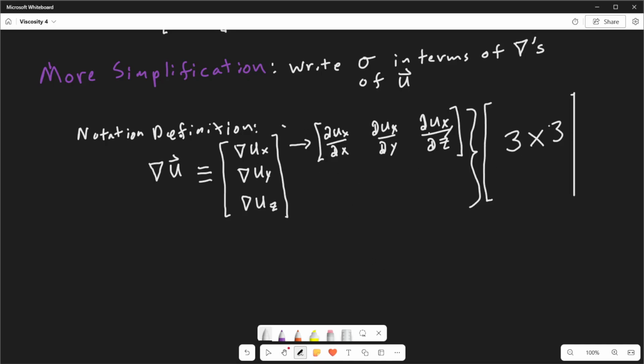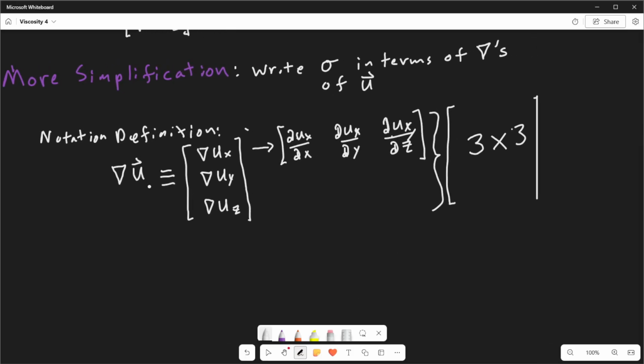What this does is expand each of these individual scalar components out into a row vector. And ultimately the entire operation takes this and expands it into a 3 by 3, what I guess would be a tensor, but it looks like a matrix.